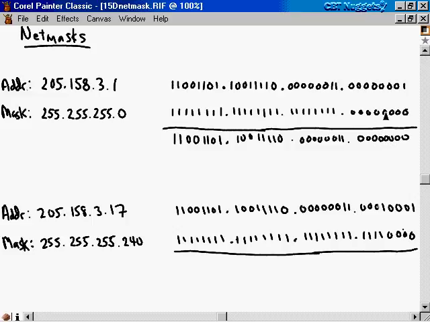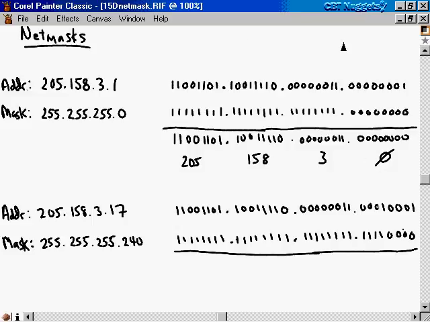That's because the mask is all zeros, and 0 times anything is 0, so no matter what is written up here, it's going to wind up being a 0. So the answer here is 205, 158, 3, and then a big fat 0. When I apply the net mask to this IP address, I get 205.158.3.0.